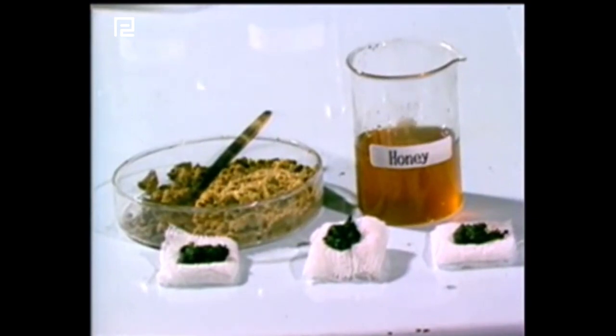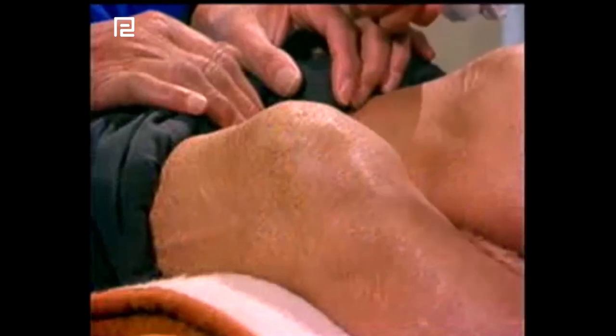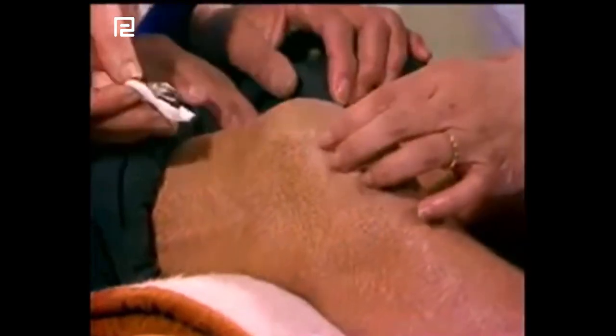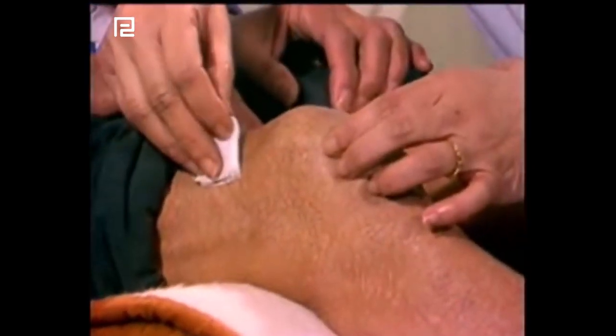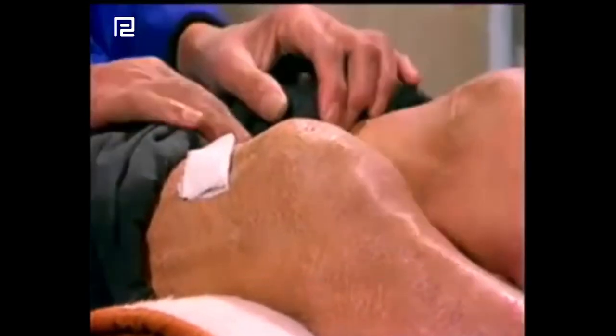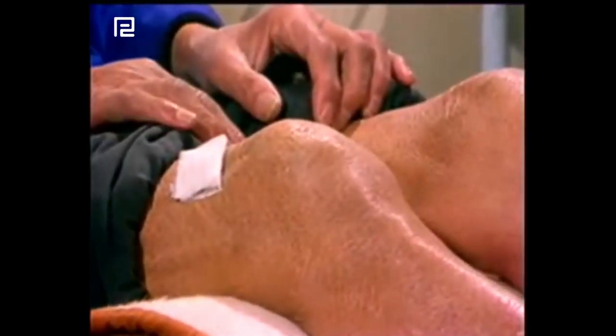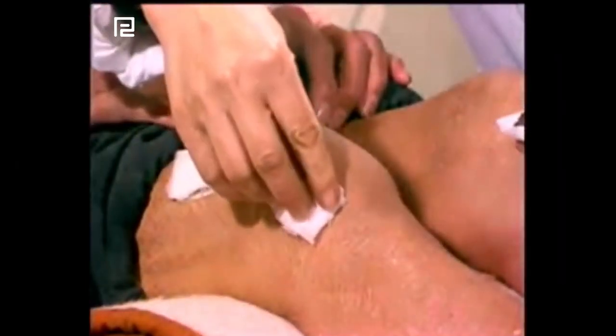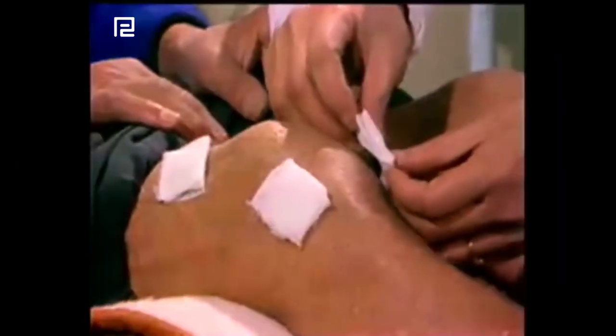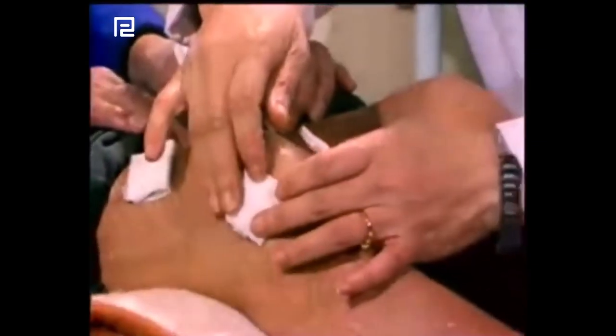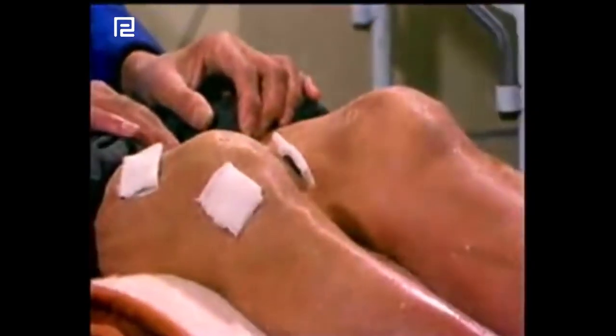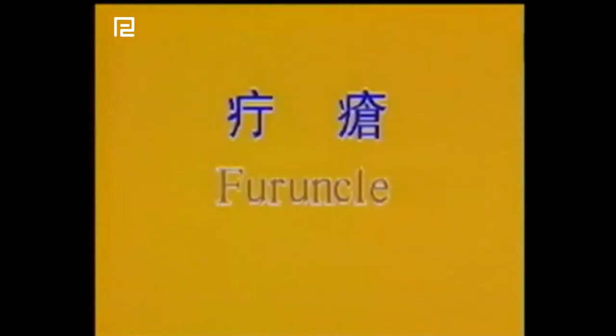Grind the herbs into powder. Mix with honey until paste-like and make into a medicine cake 2 centimeters in diameter. Apply 1 cake on each point and allow to remain for 10 hours. Repeat once every 3 days. 10 times is a course of treatment.